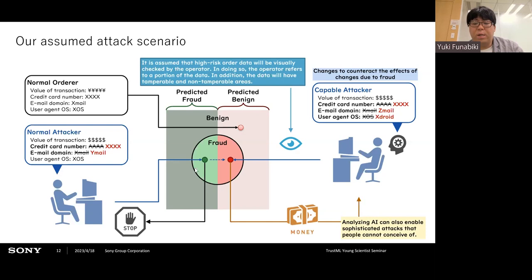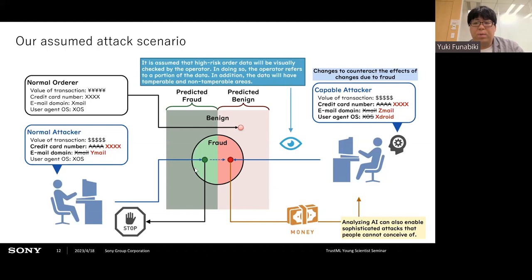As a result, if the attacker's order fools the model, it means the attacker's transaction will be predicted as benign. It means some harm to the e-commerce online shopping in terms of money.